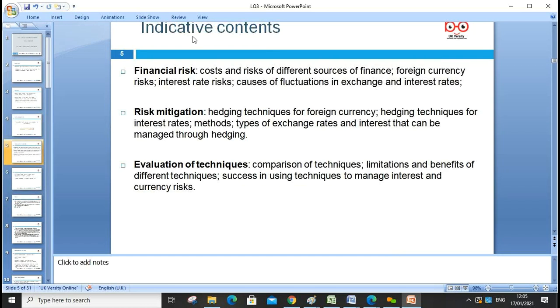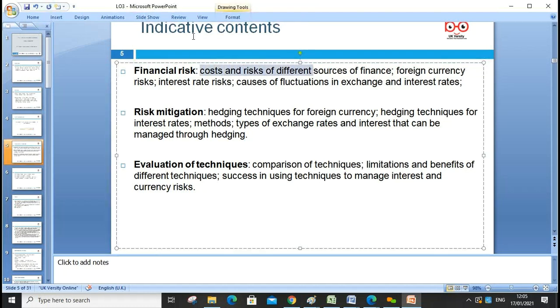Okay, so today's lesson contents. We're looking at financial risk. Financial risk is the risk attached to or happening due to cost. This can be sources of finance: where you get the money can create risk. It can be due to foreign currency. Think about pound against euro, pound against dollar, pound against other currencies.